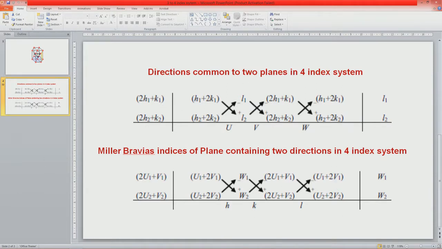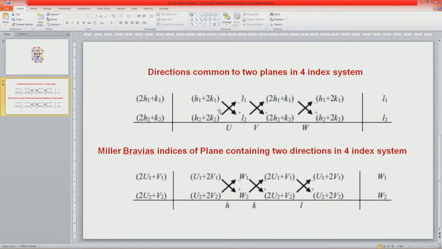Here what has been done is that the planes are given in some formula which one can directly use. That is HKL, this is for one plane. So, what it means is that H1 plus 2K1 and here U, V, W are mentioned directly.